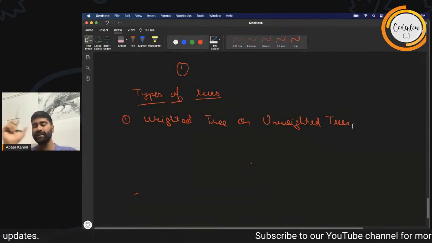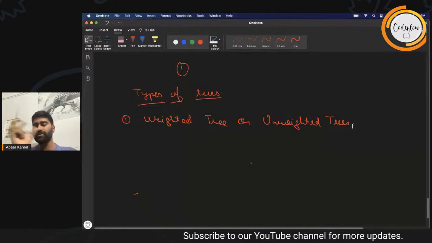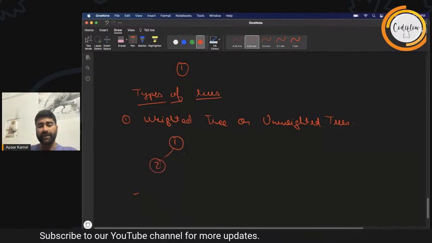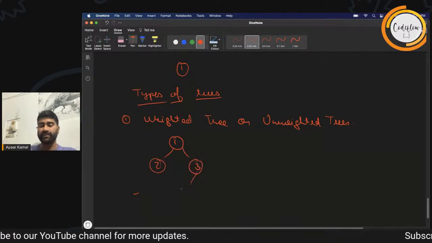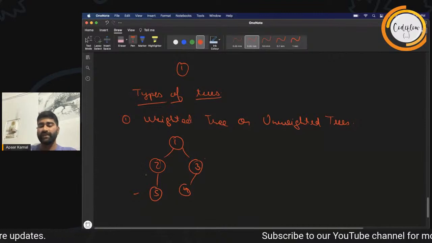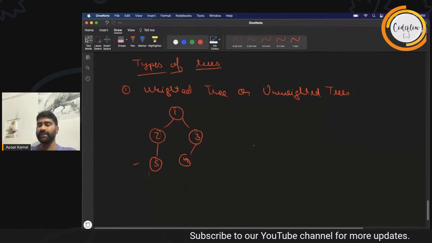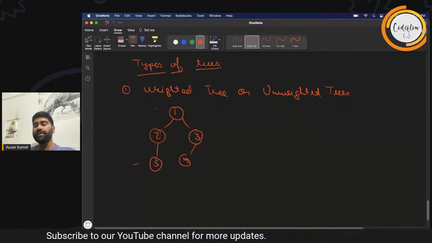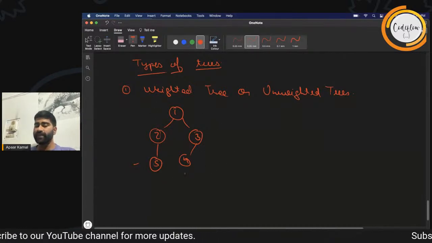Otherwise they are unweighted trees, and every edge has a constant weight on it. So let me give you an example. Making a very simple tree structure here, right? So this is a tree, we can see it is also a chain, but let's consider it a tree right now. And here we can see that all these edges do not have any weights on them.